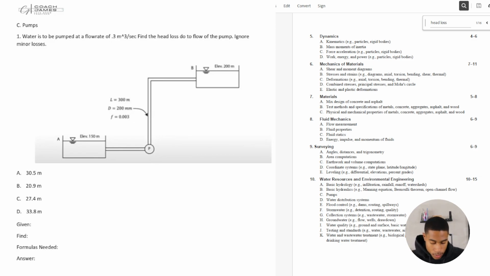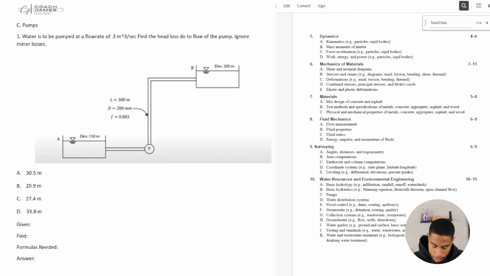All right, so number one says, water is to be pumped at a flow rate of 0.03 meters cubed per second. Find the head loss due to flow of the pump. Ignore minor losses. I see point A gives us the elevation, and then it goes through the pump and shoots up.